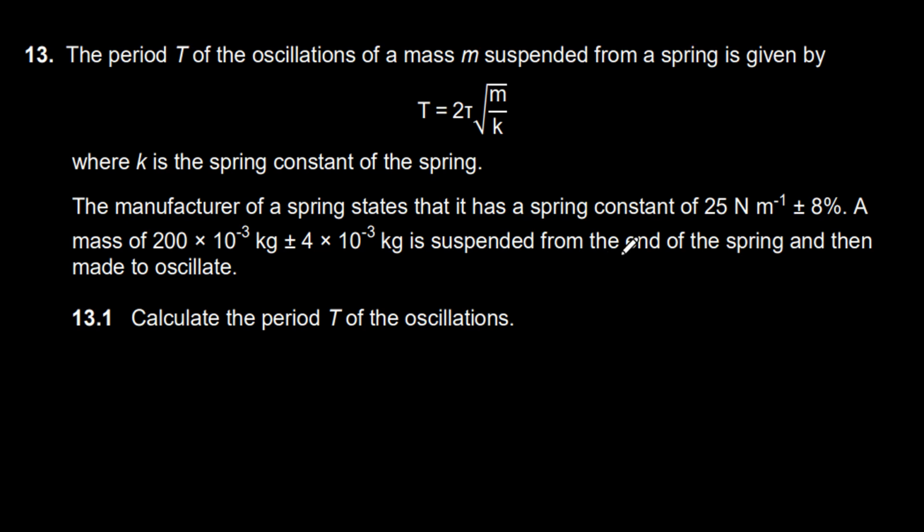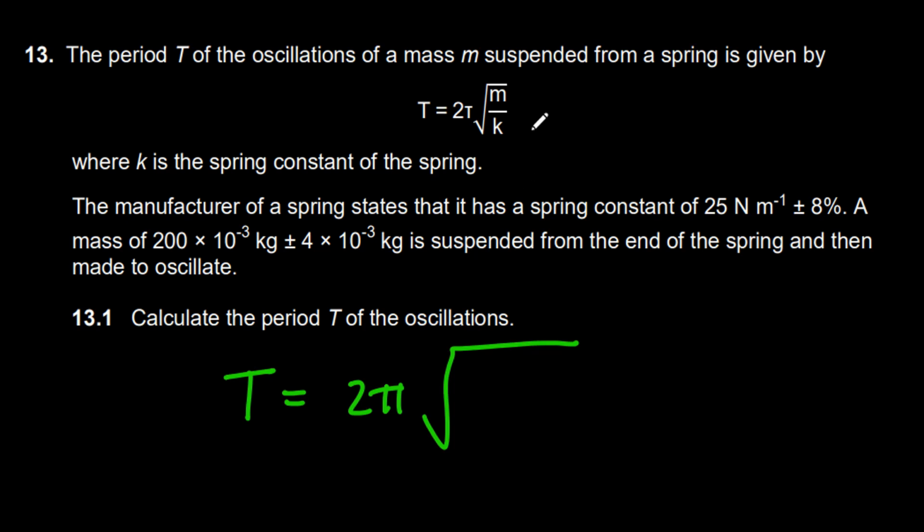And it's suspended from the end of the spring and then made to oscillate. So we're given the spring constant with its percentage uncertainty here and the mass with its absolute uncertainty. In the first question, we have to calculate the period T of the oscillations. So that we can do quite easily.